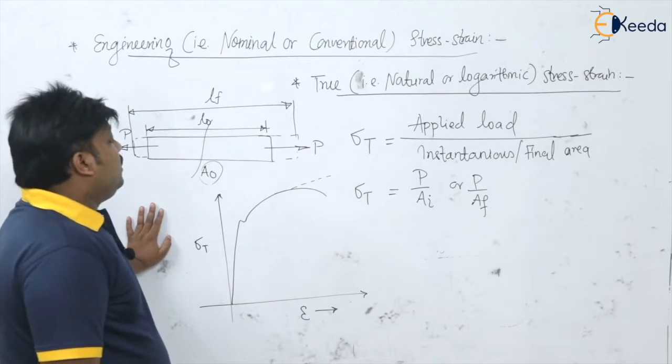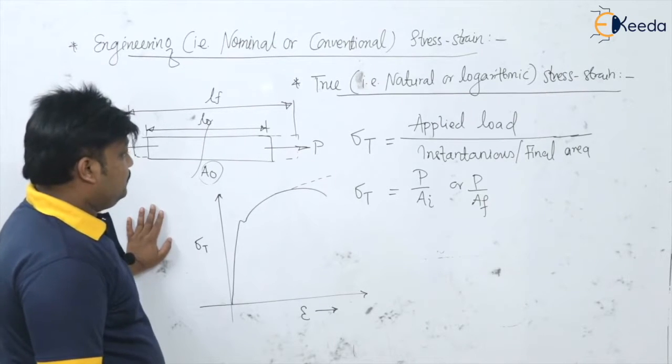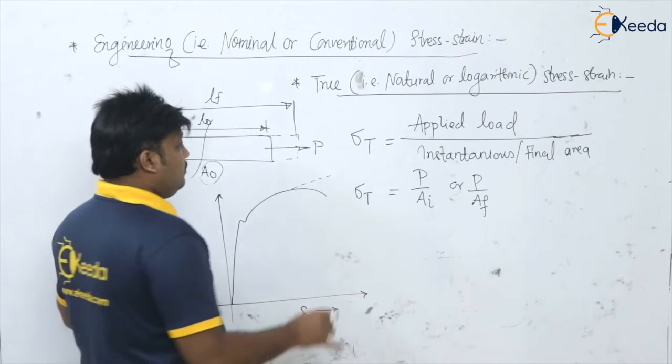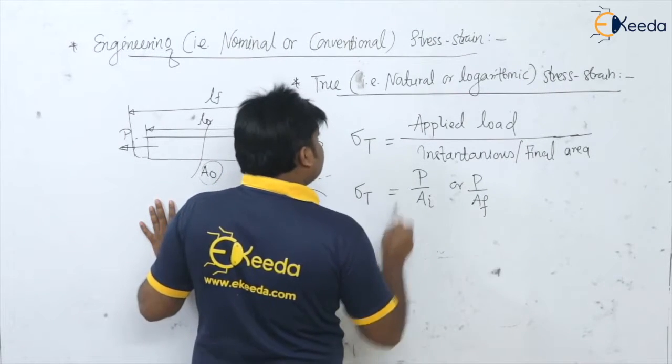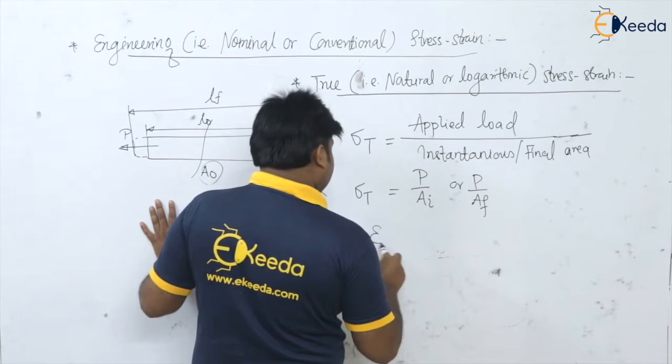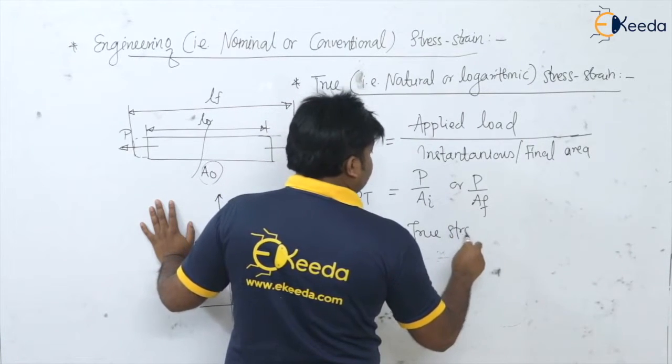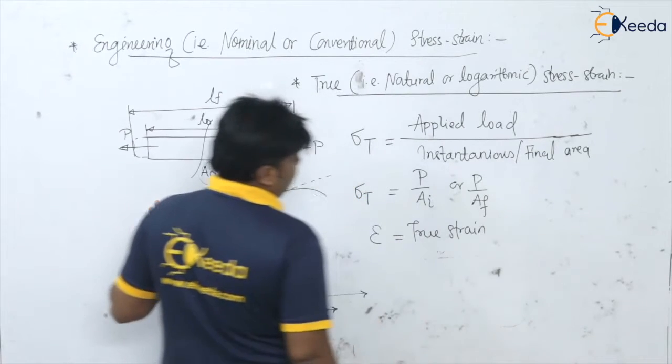The true strain is represented by epsilon.